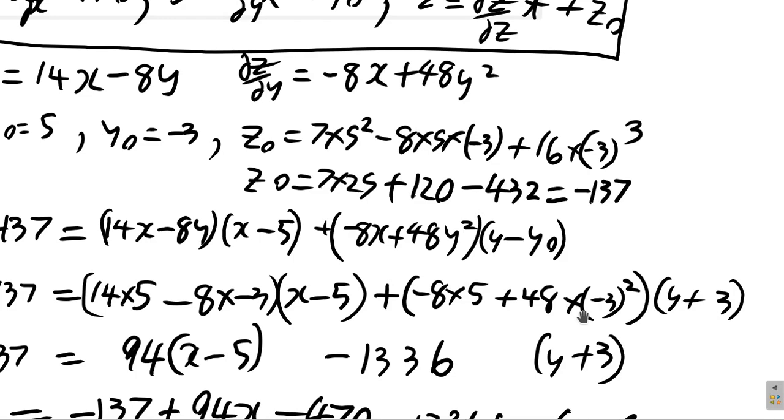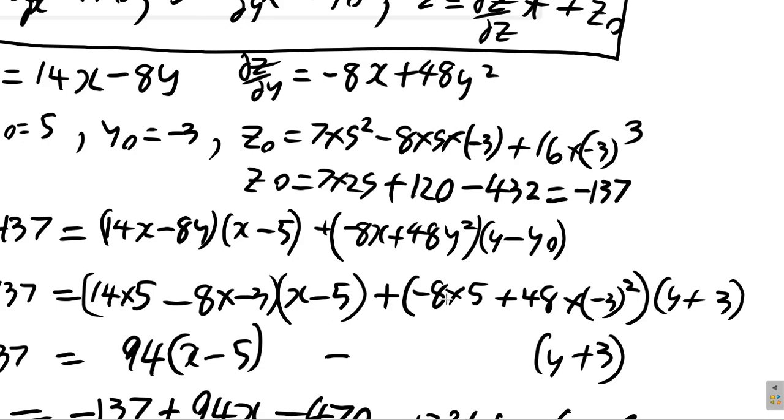So when you substitute for that, 48 times negative 3 squared, 3 3 is 9. 48 times 9 is 432, negative 432. Oh, let me see something. Something seems out of place here.